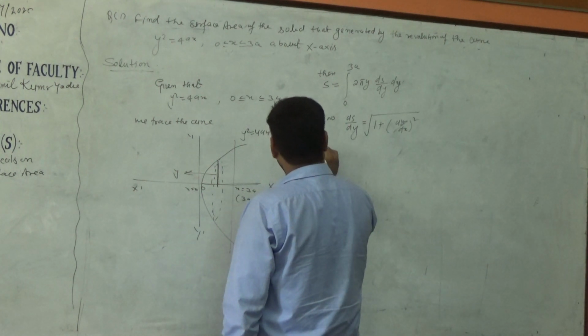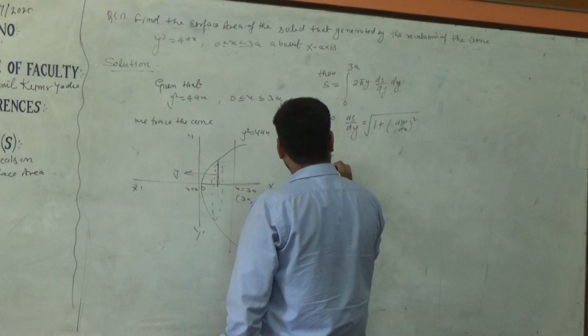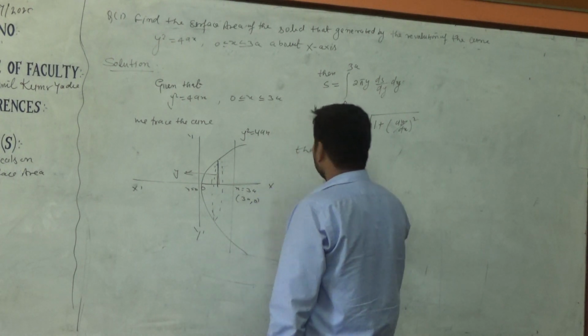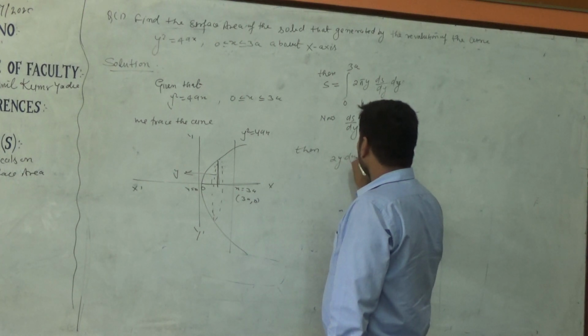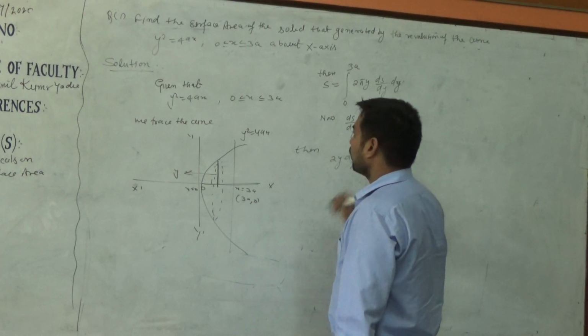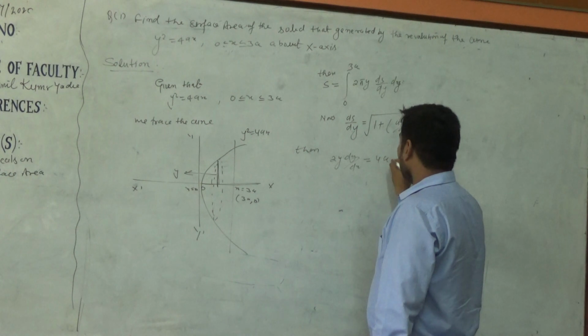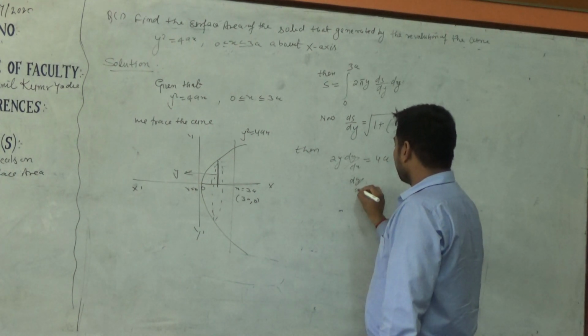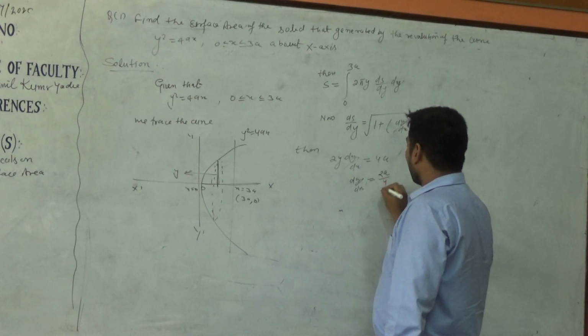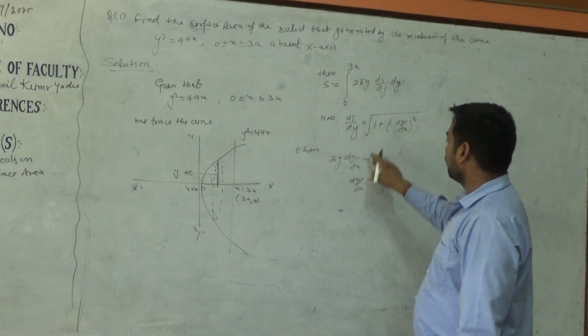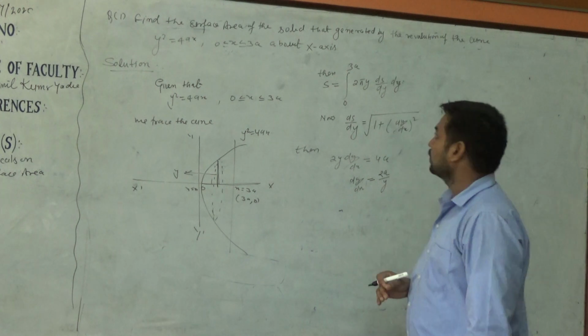Now we differentiate: 2y dy by dx equal to 4a. This implies dy by dx equal to 2a upon y. Now we substitute the value of dy by dx.